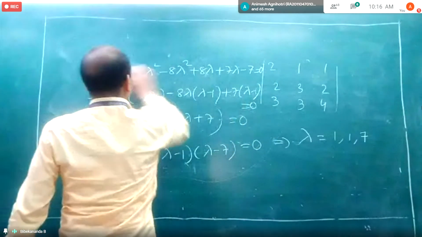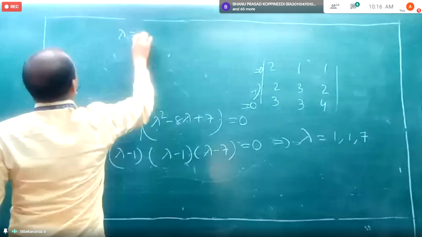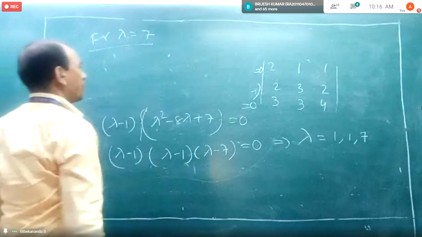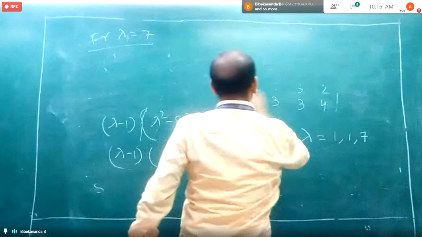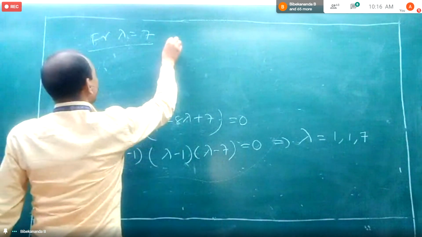So for lambda equal to 7, how can we find the eigenvector? What is your matrix?